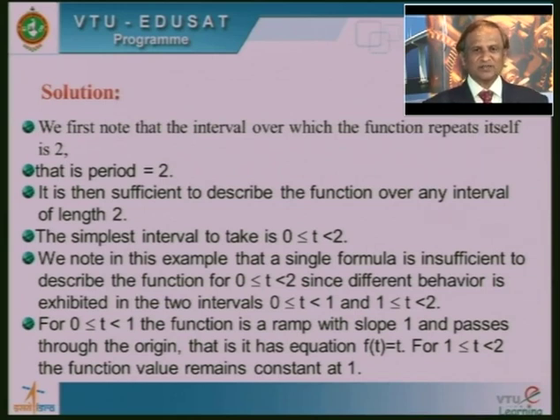Now, what I have shown in the previous slide, in between 0 and 1, that line we may call a ramp with slope 1 passing through the origin. That is, it has the equation f of t is equal to t. For 1 less than or equal to t less than 2, the function value remains constant at 1.